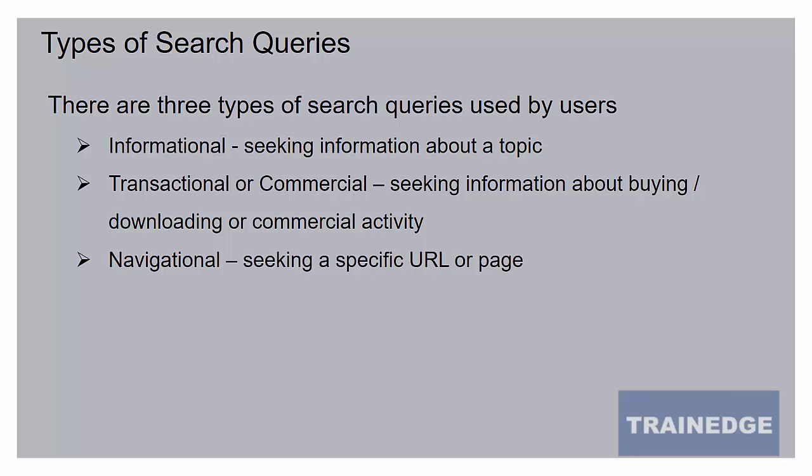But if you are selling mobile phones on Amazon, you're not interested in this person. The navigational queries are the lowest in the hierarchy of interest to a business, unless the query happens to be about the business's website, our own business.